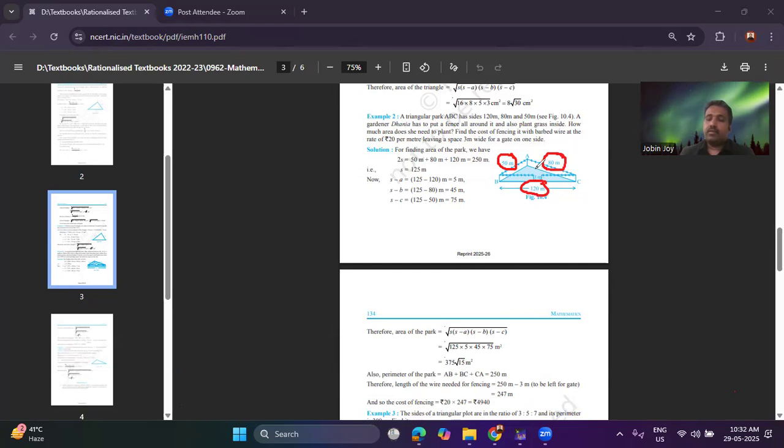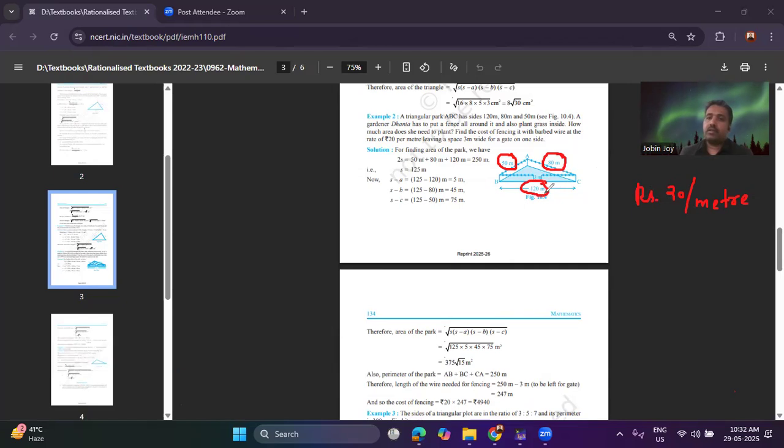Area means you have to calculate the area of the triangle, very easily. Then find the cost of fencing it with barbed wire at the rate of rupees 20 per meter, leaving a space 3 meter wide for a gate on one side.